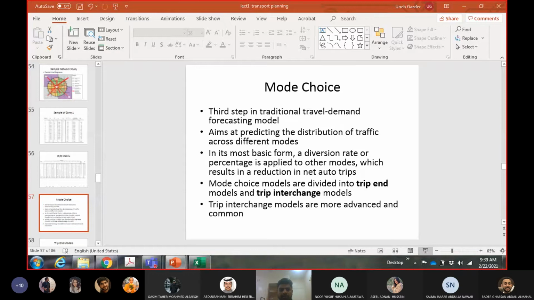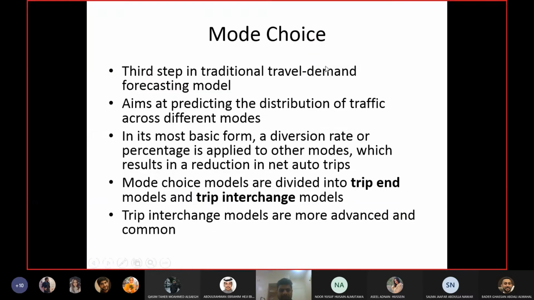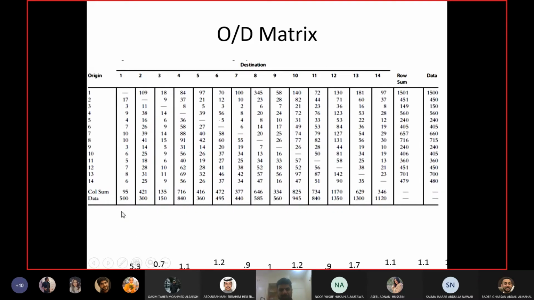Now the third step is mode choice. Mode choice is the third step in the travel demand forecasting model, the TDM. In this stage, we are trying to predict the distribution of traffic into different modes. Let us say this is a balanced OD matrix.